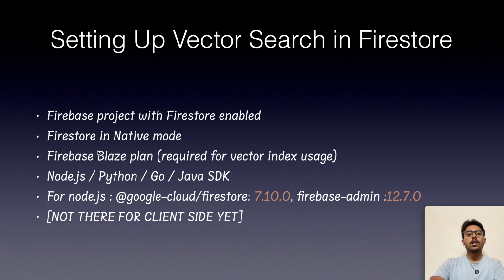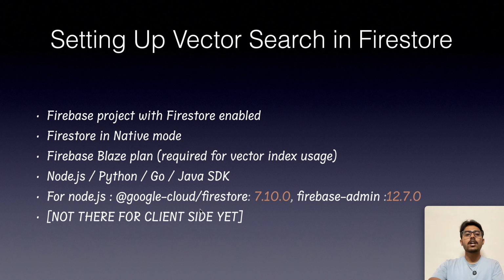These all have support for it. For Node.js, what we require at the dependency level is Google Cloud Firestore version 7.10.0 or above, and for Firebase Admin 12.7.0 or above.